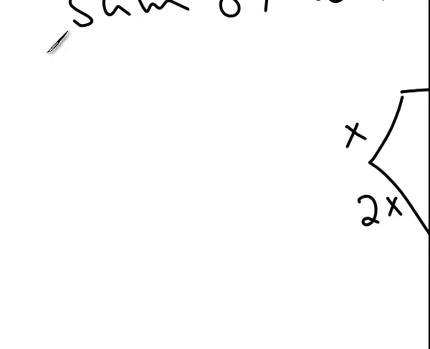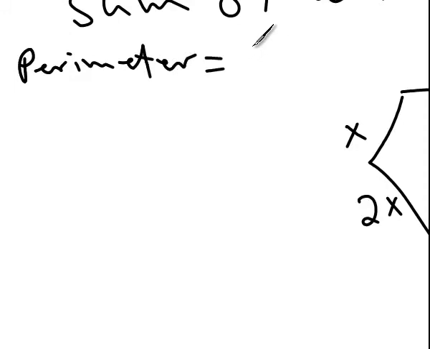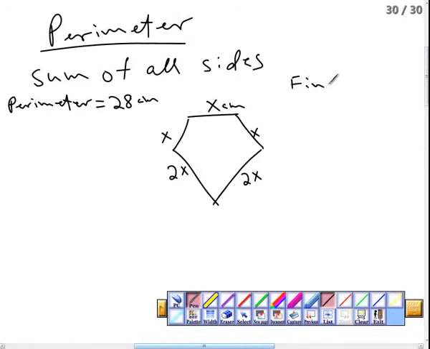Okay, we want the perimeter to equal 28 centimeters. Okay, find the length of all the sides. Basically, you only got to find, if you find x, then you found 3 of them, right? If you found 2x, then you found the other 2.